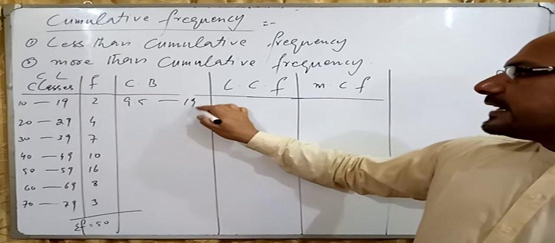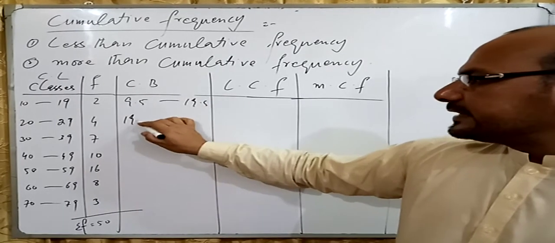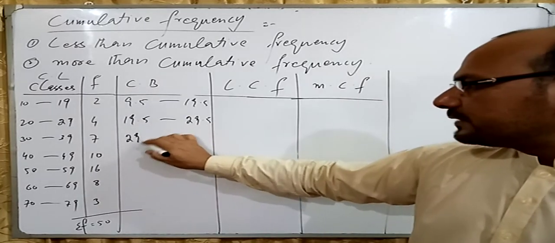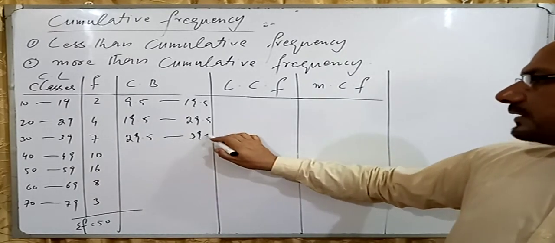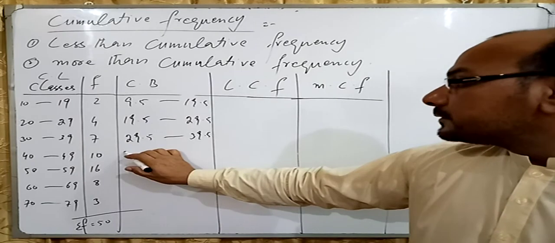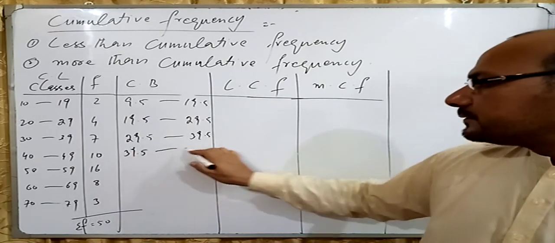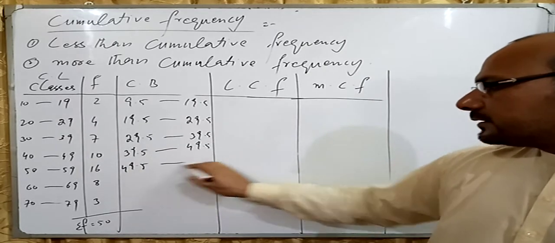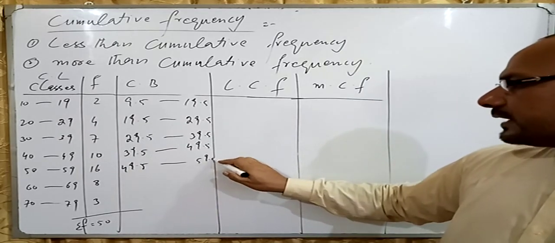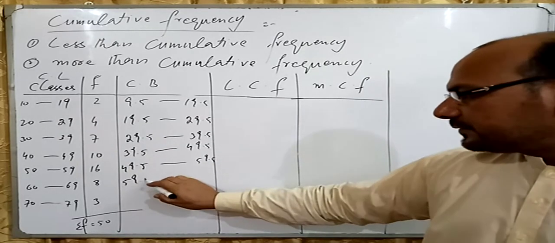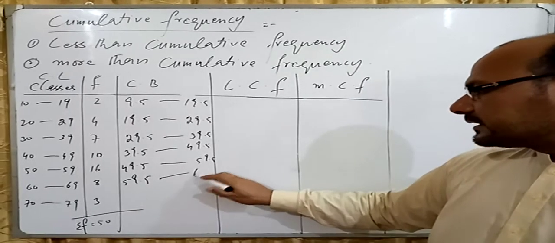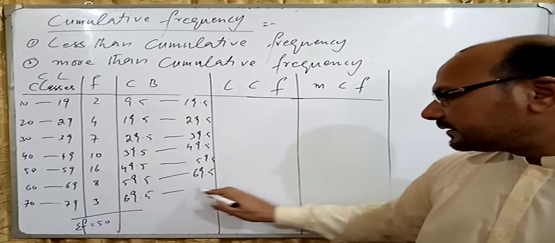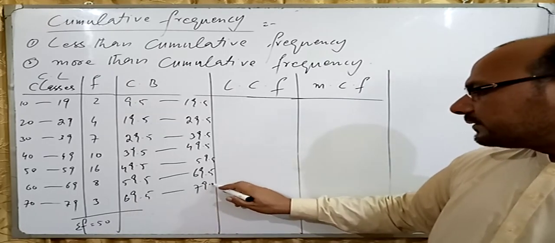9.5 to 19.5, 19.5 to 29.5, 29.5 to 39.5, 39.5 to 49.5, 49.5 to 59.5, 59.5 to 69.5, and 69.5 to 79.5.